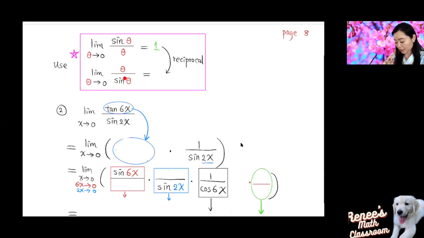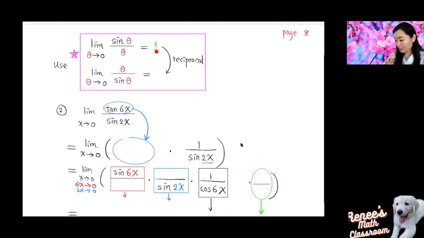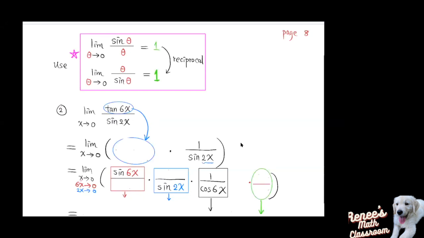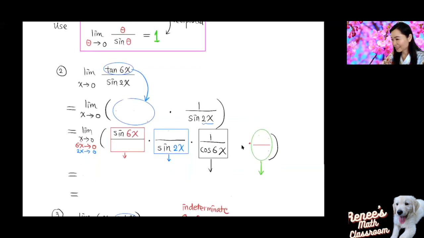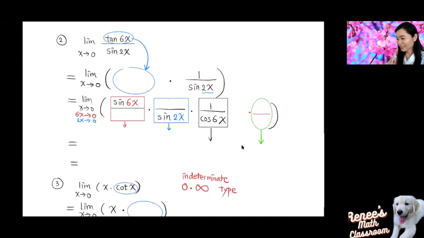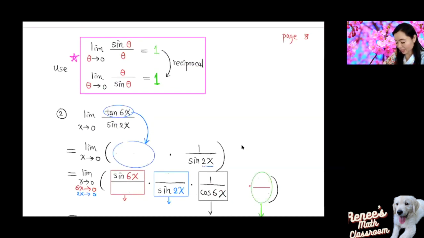Well, this is the reciprocal of this function, so the limit will be the reciprocal of this. What's the reciprocal of 1? Is it just 1? It's 1 itself. Sometimes the easy question is the one where you might wonder, is it right? Reciprocal of 1 is 1. So that's also equal to 1.